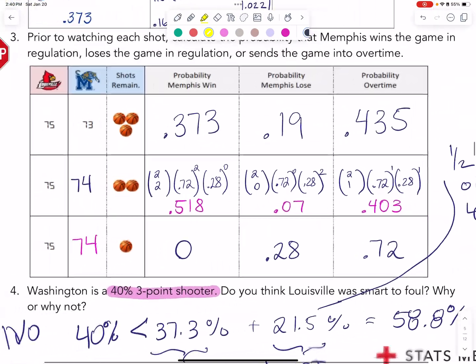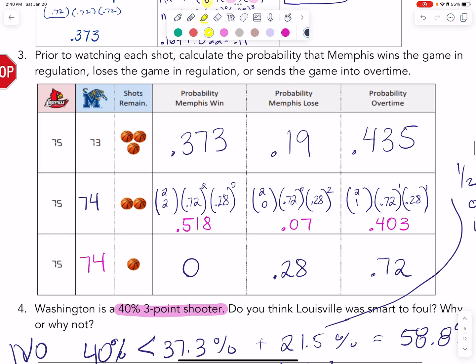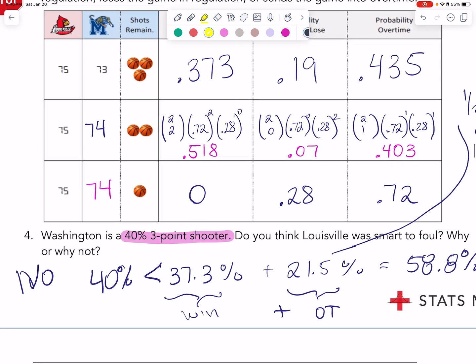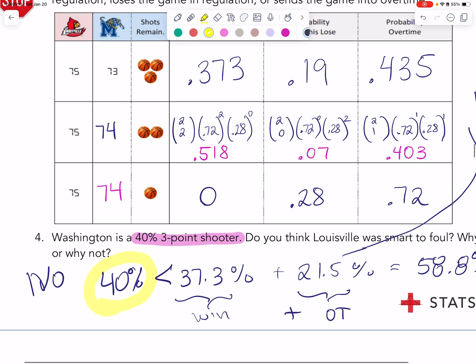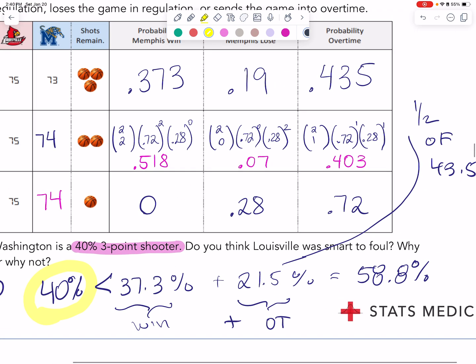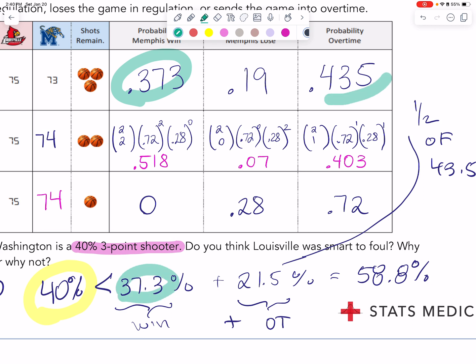So the question was, was it smart to foul? Now, even though you may say, oh, yes, it was smart to foul because they won, I'm going to argue with you. I'm going to say no, it wasn't smart to foul, because Darius Washington had a 40% chance to make that original shot that he got fouled on. And that's less than the percentage chance that we saw here to win, plus the percentage chance of overtime.